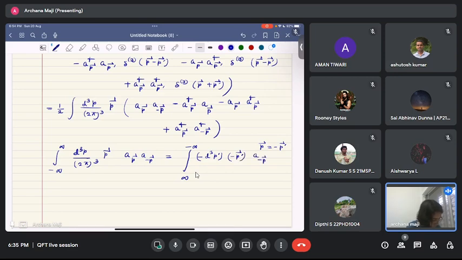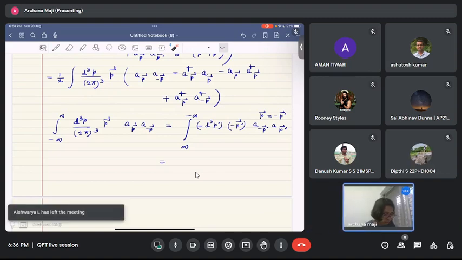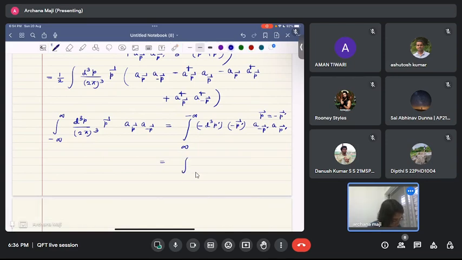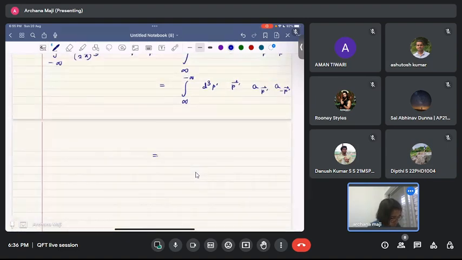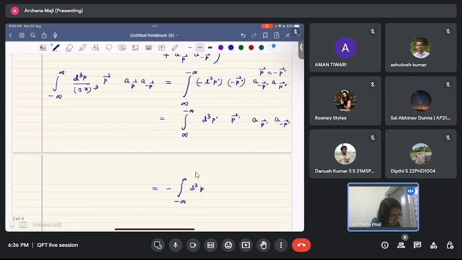So this is minus p prime a p prime, okay, and you know that a commutes with itself, so we can rewrite this as d3 p prime, a p prime, a minus p prime, and in order to change the integration limit we get a minus sign, so d3p. Now since p prime is a dummy variable, I can always choose to write it as p.